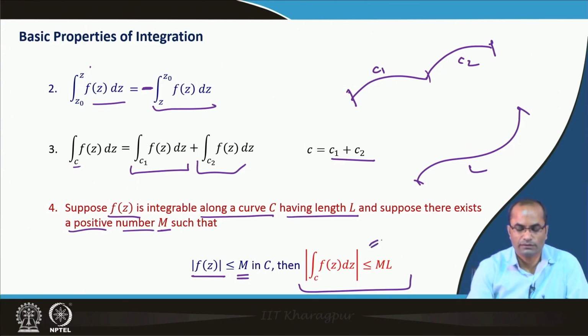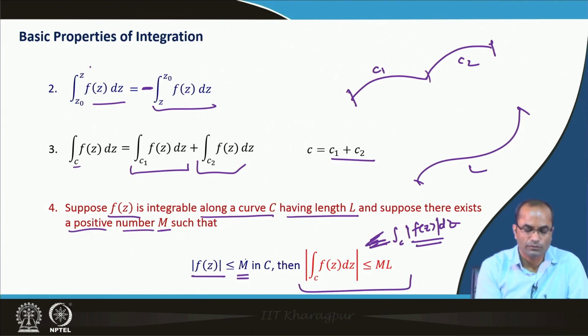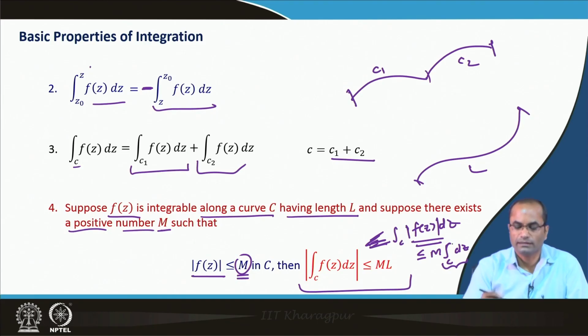This integral we can also write as f(z) and dz, and the absolute value of f(z) is bounded by this M. So, this integral is bounded by M times the curve integral of dz, and this is nothing but the length of the curve.